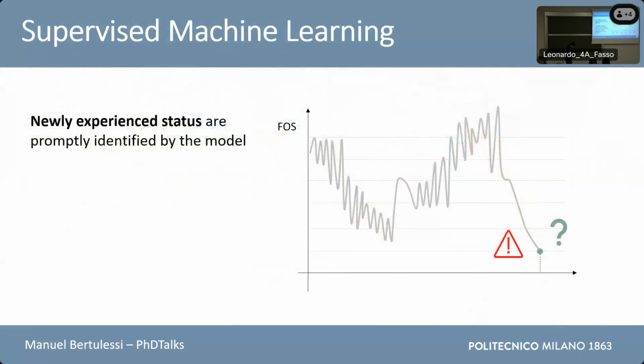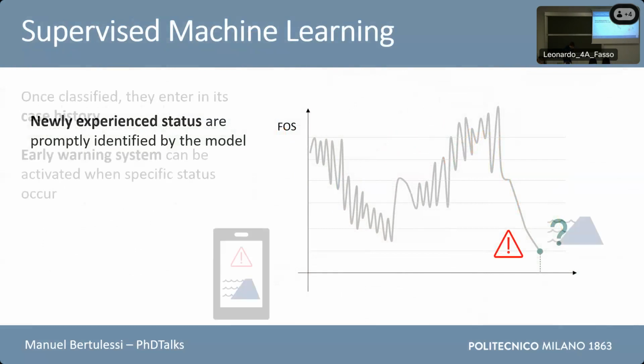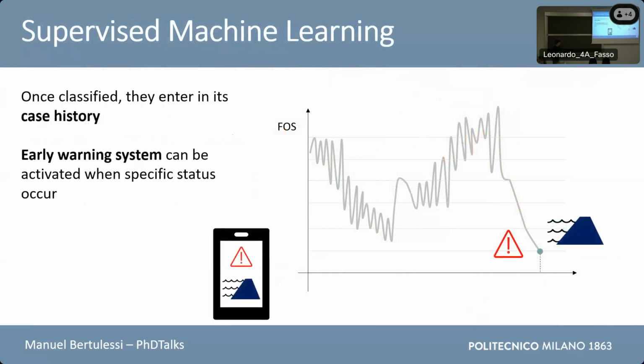And what about a newly experienced system status, a status that was never experienced before? Well, after a proper classification, this can be inserted in the historical framework, the historical experience and evidence of the system, and can be tagged as a warning status or not warning status.